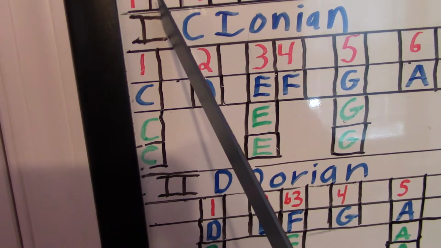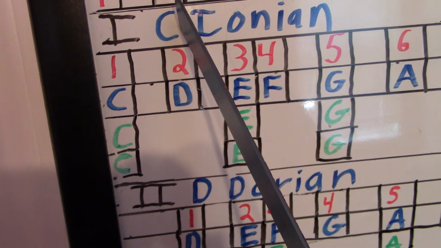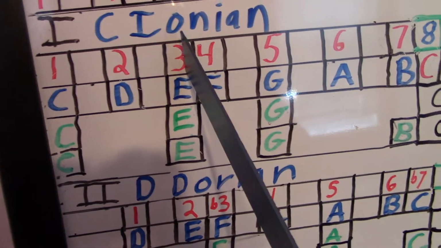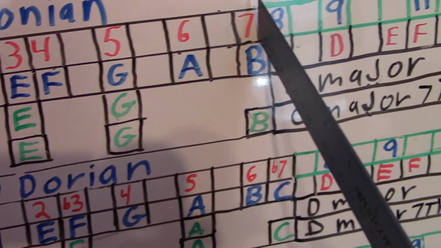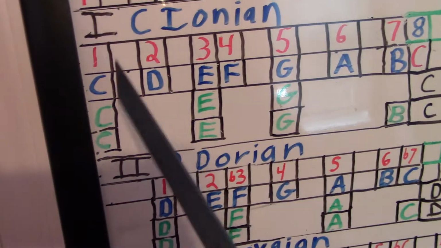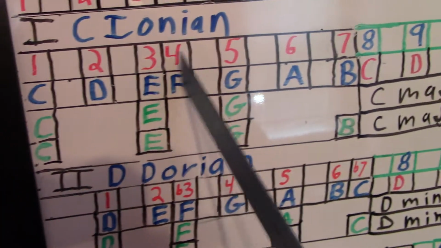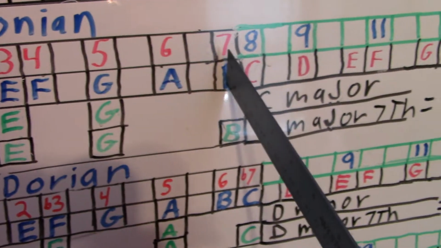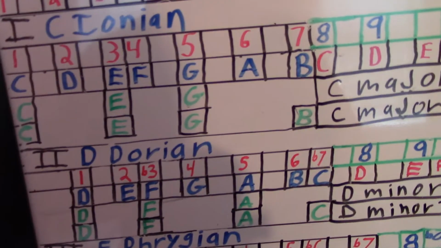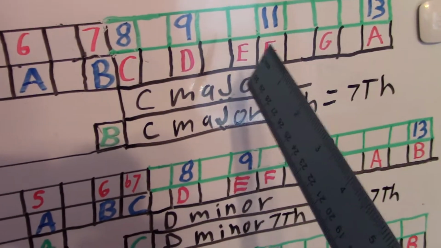Go down here, Roman numeral 1, C Ionian. You have 1, 2, 3, 4, 5, 6, and 7. That's the intervals of the mode. And then you have C, D, E, F, G, A, and B. That's the notes of the C major scale.